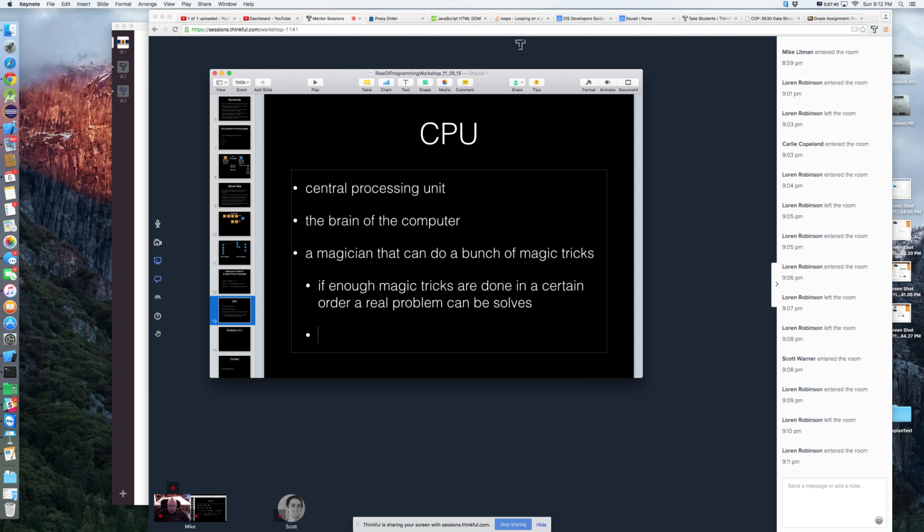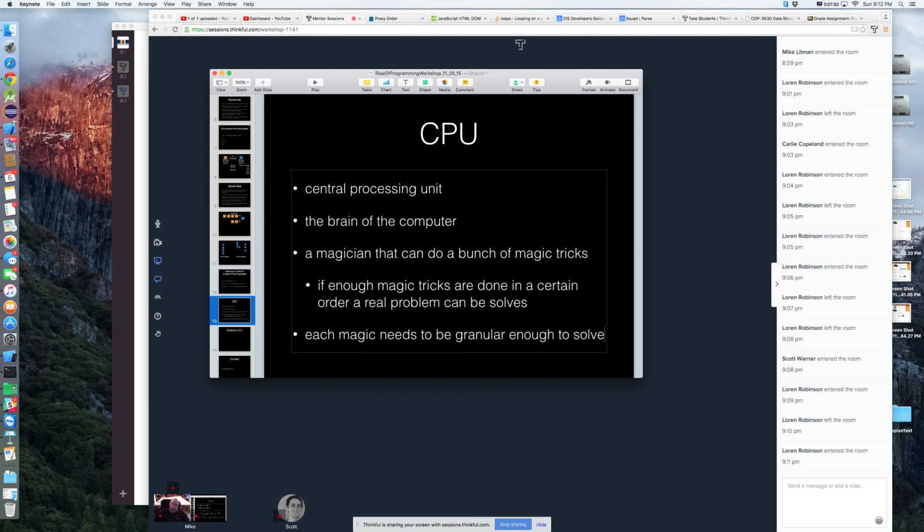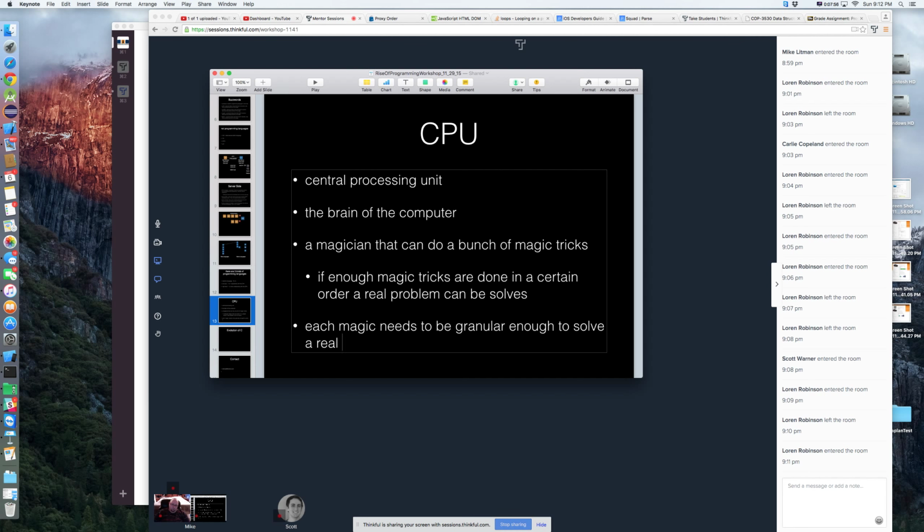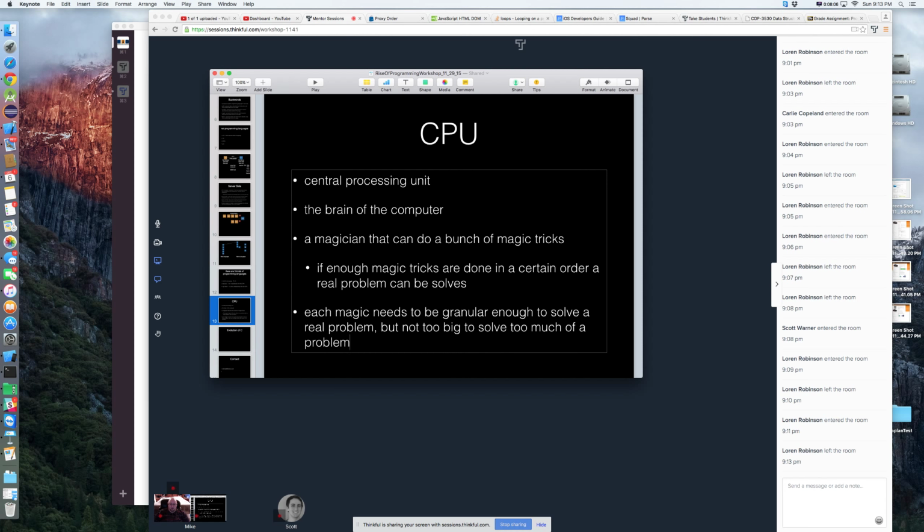Now, one of the problems with the CPU is each magic trick needs to be granular enough to solve a real problem, but not too big to solve too much of a problem, then requiring us to have to kind of roll back.